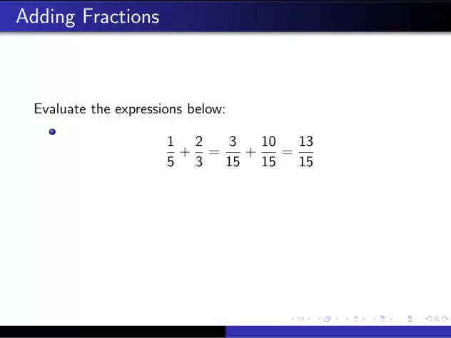So 1/5 becomes 3/15, just multiply top and bottom by 3, and 2/3 becomes 10/15ths, multiplying top and bottom by 5. So once you have them both as 15ths, then it's easy to see what to do. So 3/15ths plus 10/15ths becomes 13/15ths.